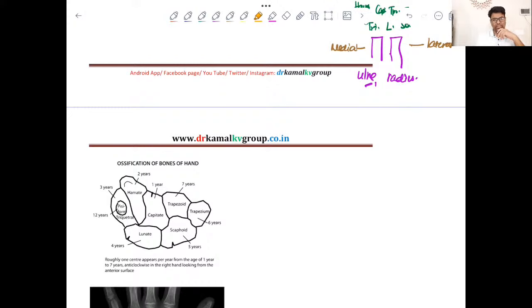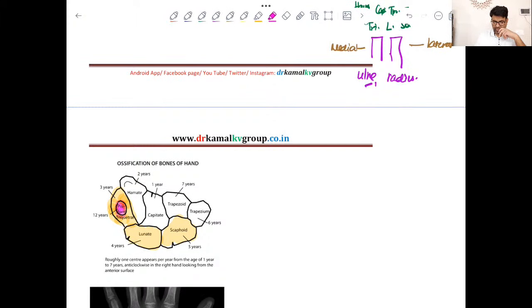So this is a right wrist, and firstly I will be drawing the proximal row. So scaphoid first, the lateral most, then lunate, then triquetral, and the pisiform actually overlies the triquetral.